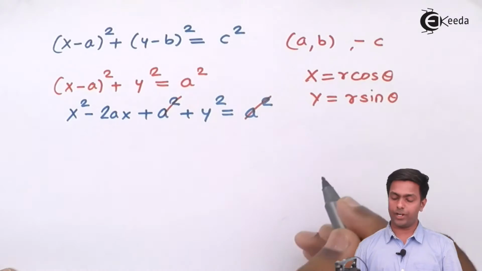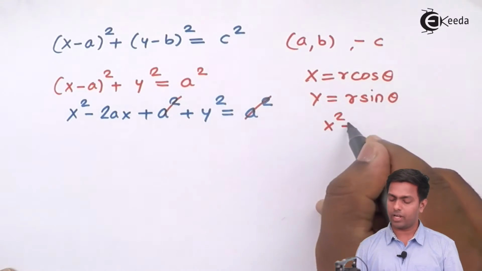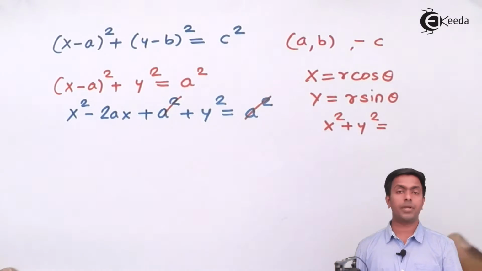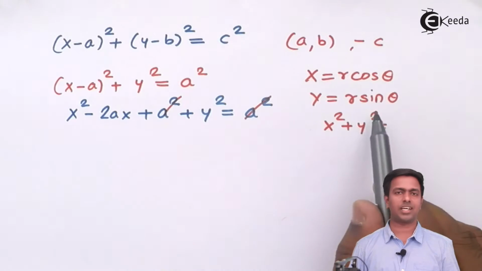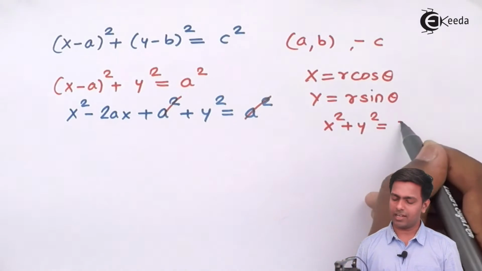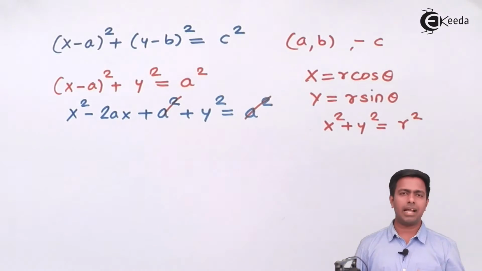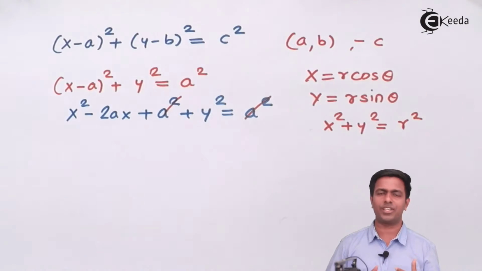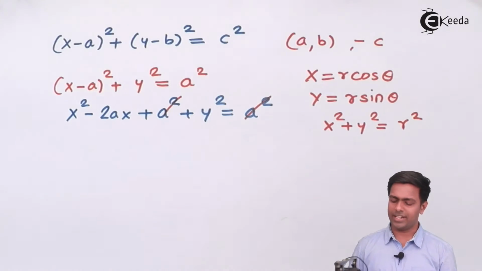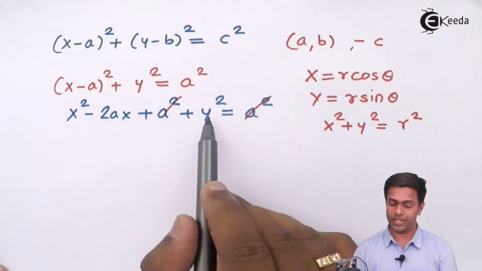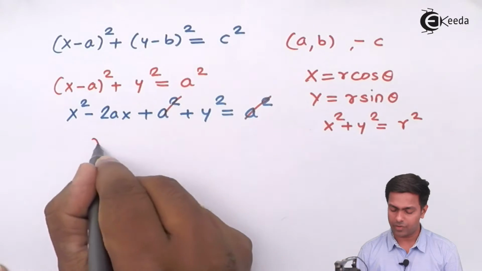So if I do this, x square plus y square becomes r square cos square theta plus r square sin square theta, which is r square, because r square is common, and in the bracket we get cos square theta plus sin square theta, which is equal to 1. So here you can see we have x square plus y square; I'll replace it with r square.